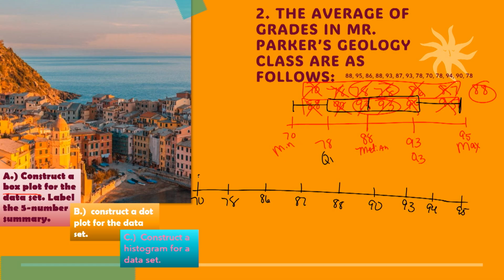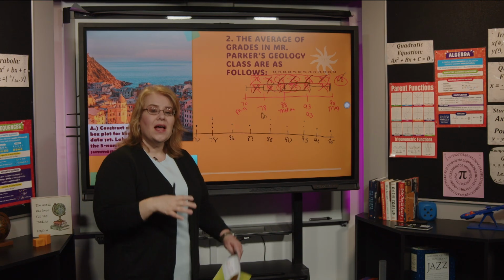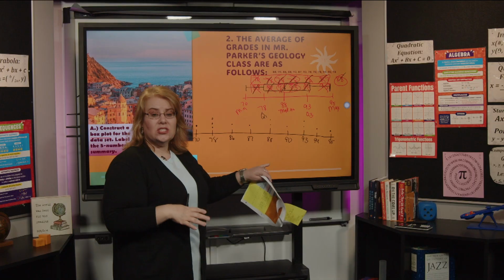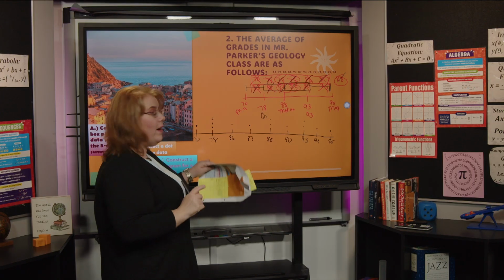I had one 70, three 78s, one 86, one 87, two 88s, one 90, two 93s, one 94, and one 95. So there is my dot plot. It shows all the different frequencies of my numbers.